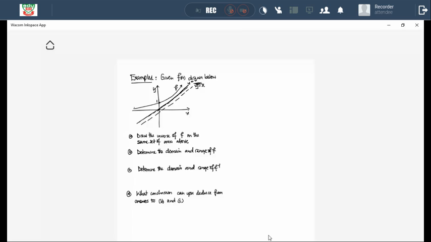If I insert a mirror there, I'm reflecting f along the line y equal to x to get the inverse. Whatever coordinate is on f, when it's reflected along the line y equal to x, its entries interchange. That which was x becomes y, that which was y becomes x.